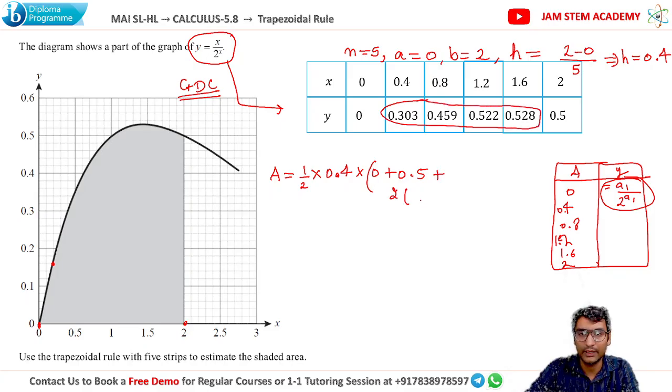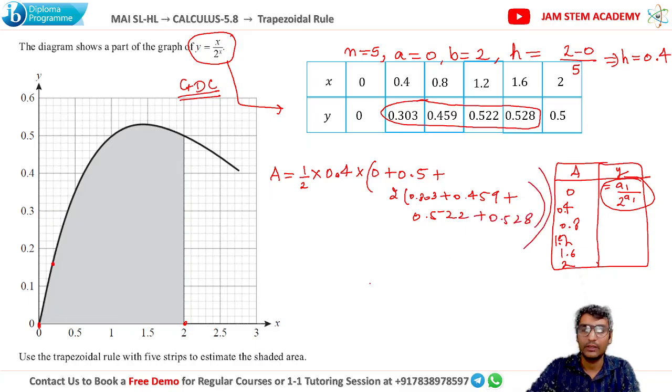So you can just enter these values like 0.303 plus 0.459 plus 0.522 plus 0.528. Now simplify it and you will get your answer, or you can say the area comes out as 0.8248 using the GDC.